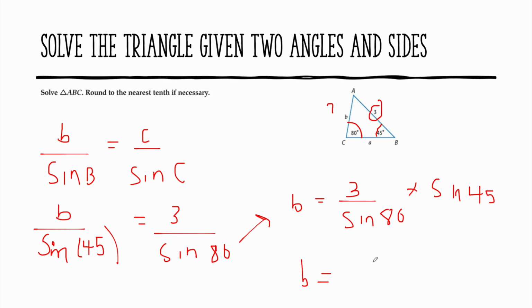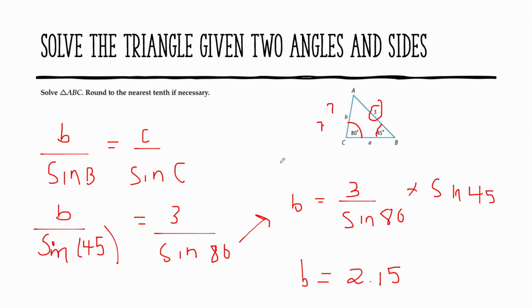This will give us 2.15. So this side will be 2.15, or we can just leave it as 2 because they said round to the nearest tenth if necessary. Okay, so this will be our answer.